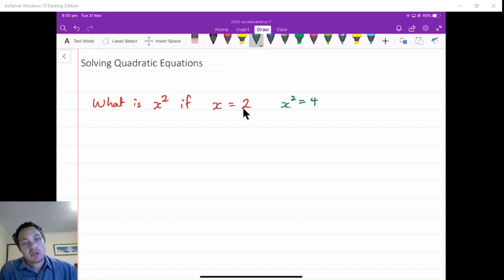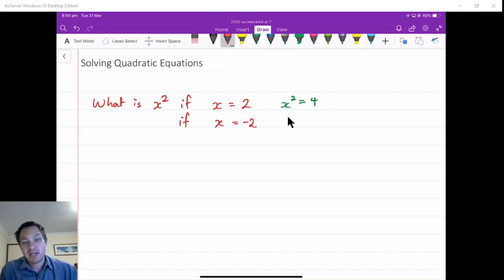The problem is, what about if x is equal to -2?